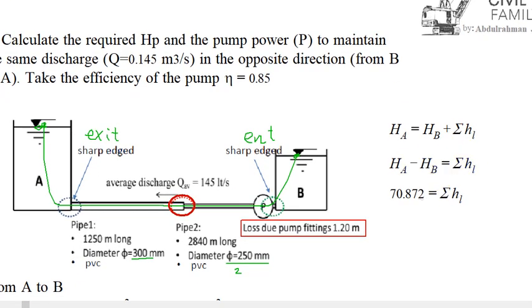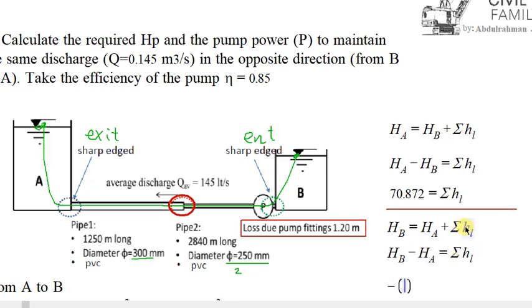Now what we are saying is to make it the opposite. Head B, which is the lower, should now equal head A, which is the higher, plus the head losses. So A is the greater. If you now put head B minus head A, it equals the summation of head losses.